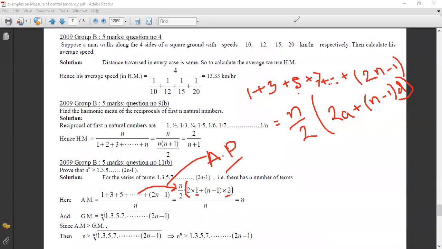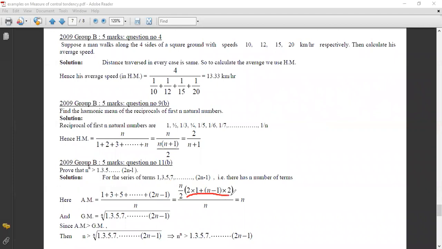2 plus n minus 1 into d. There are 2n minus 2, right? So you cancel n, and so 2n, and there the denominator part there is n. So you cancel n by n. Sorry, just a minute.